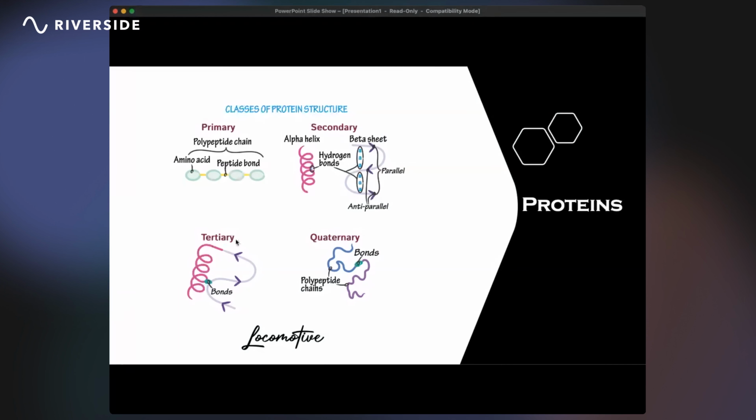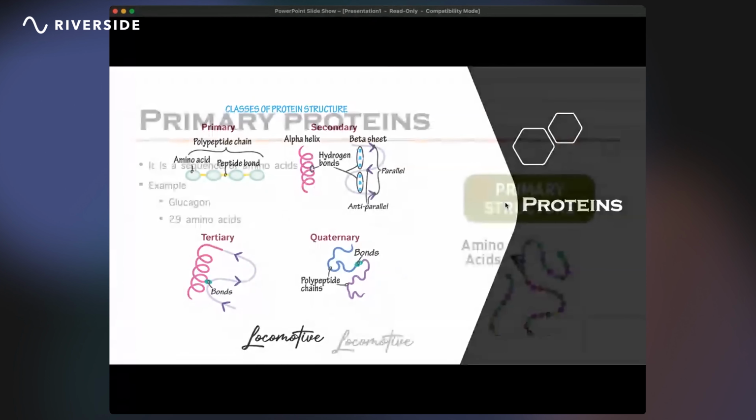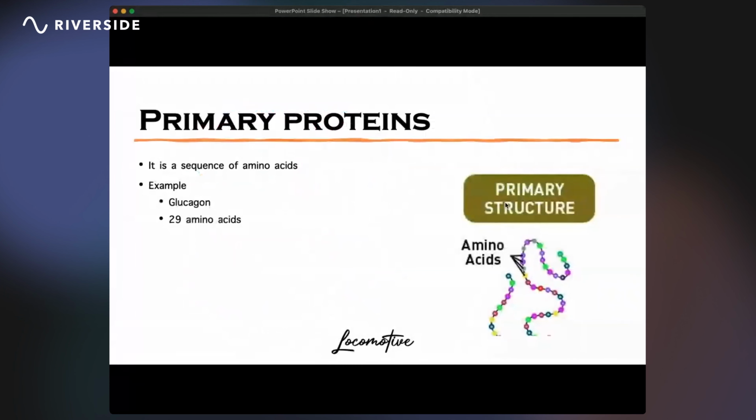4 main levels of protein organization. Primary, you can see, secondary, tertiary, quaternary. Let's go. Primary proteins. A polypeptide or protein molecule may contain several hundred amino acids linked into a long chain. So primary structure of a protein is the sequence of amino acids.